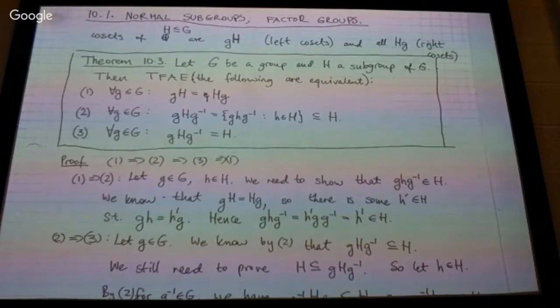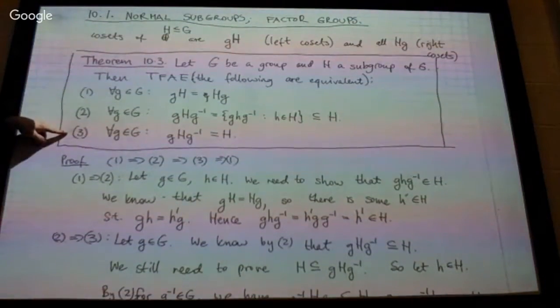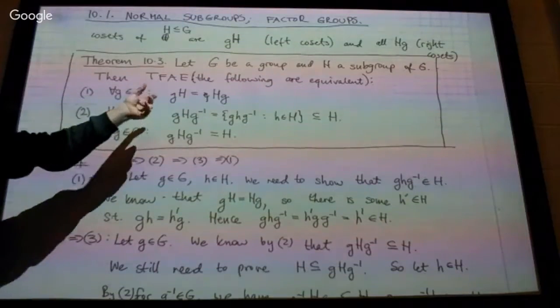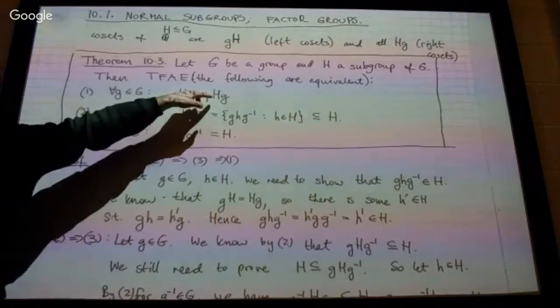As a reminder, what we did yesterday, we talked about normal subgroups, and we proved that these three conditions are equivalent for a subgroup H of any group G. The first condition tells you that the left cosets are exactly the same sets as the right cosets.